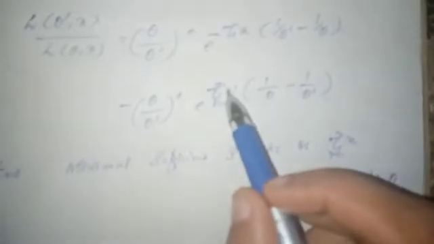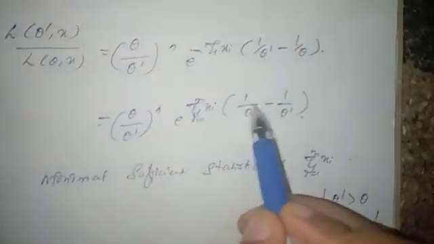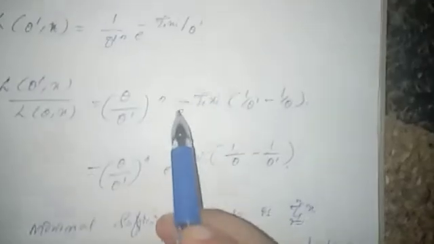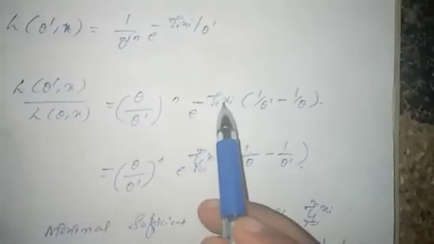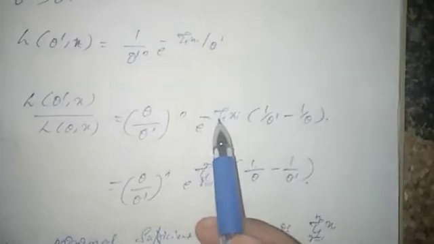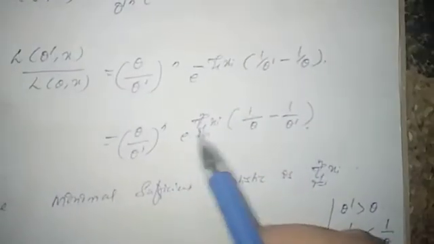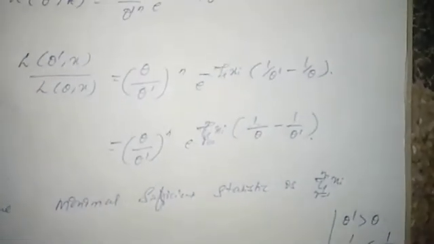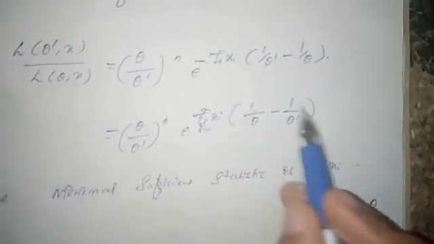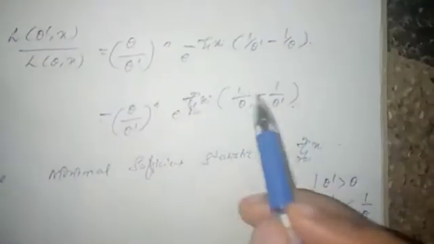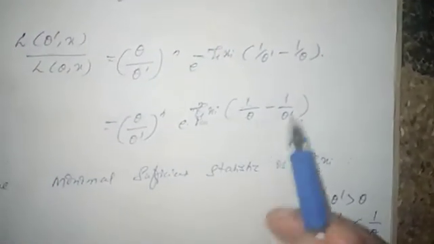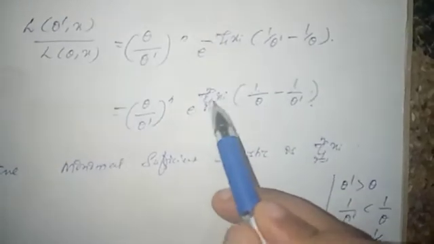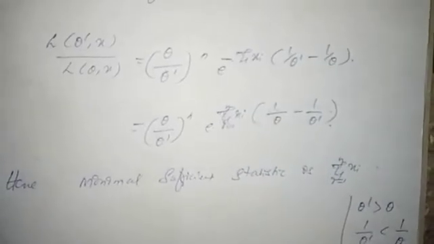If it were e power minus something, it would be a decreasing function. But here it is e power some positive value, so if summation xi increases, it is a monotone increasing function.